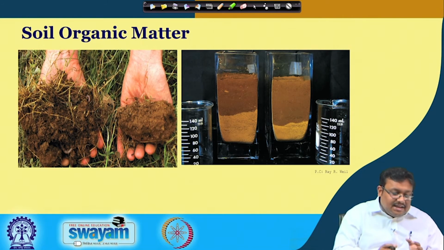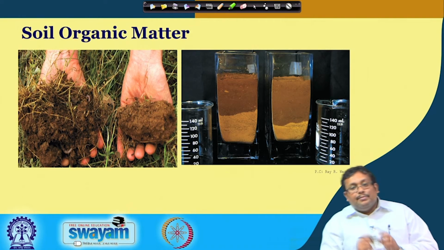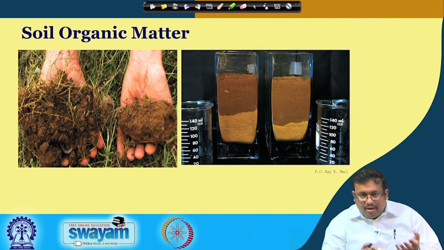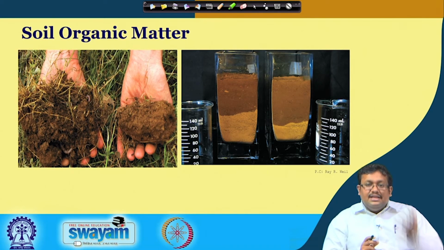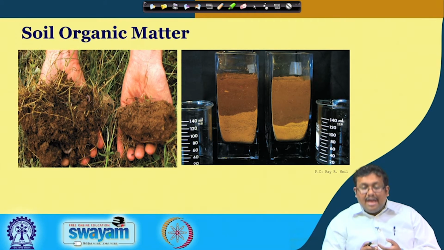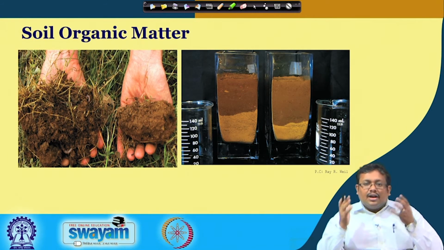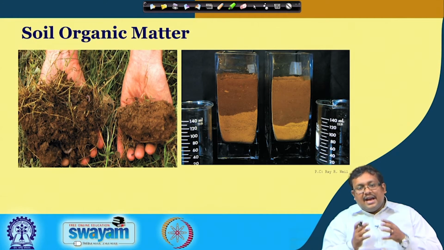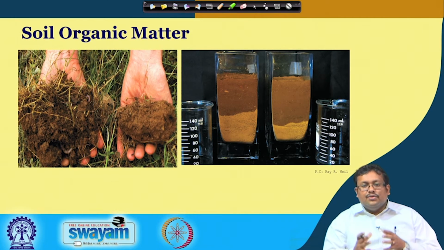Obviously, the physical, chemical and biological properties will be better in the soil with a high amount of organic matter, and this soil will be helpful for better growth of the plant compared to the other soil. And as I have told you, organic matter also has high water holding capacity, so a soil which has a high amount of organic matter will also show high water holding capacity.